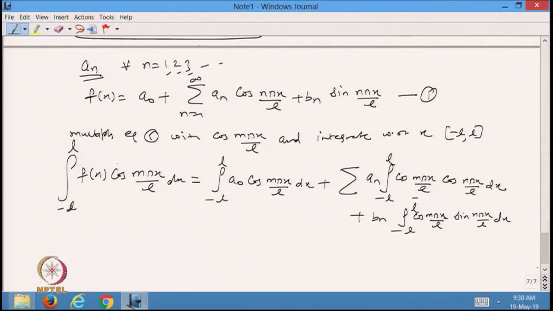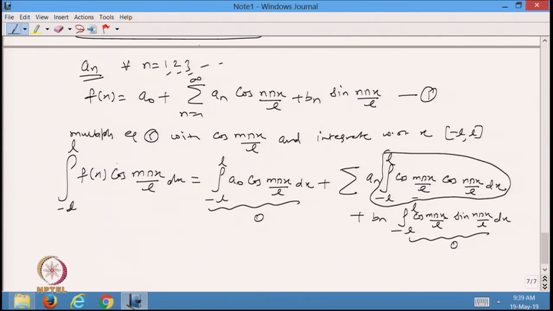So this integration is there. Now I know that the sin and cos integral will be 0 for all values of n and m. The only thing is this integration, which we know is equal to 0 when m is not equal to n, and equal to L when m is equal to n.